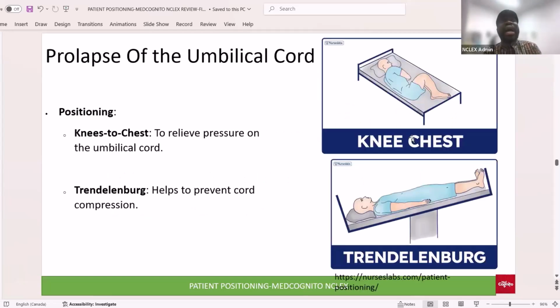And then we also have, which position are we going to put a patient who has prolapse of the umbilical cord? We can put the patient in the knee to chest position, which relieves pressure off the umbilical cord.